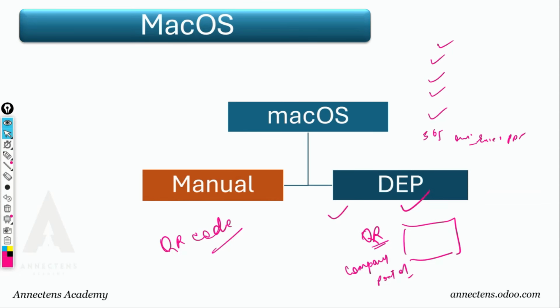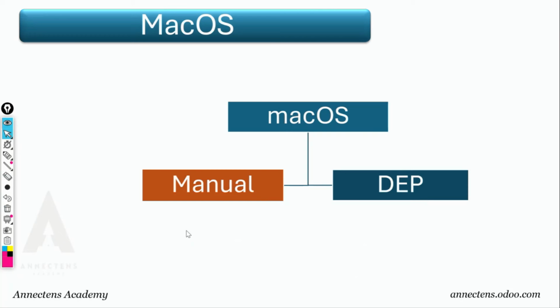Let's talk about the Mac device. I don't know how frequently you'll get this enrollment, but especially if you're setting up with your client, always remember there are two ways of setting up. One is called the manual method, and the other is called the Device Enrollment Program, which is specially used for corporate devices.